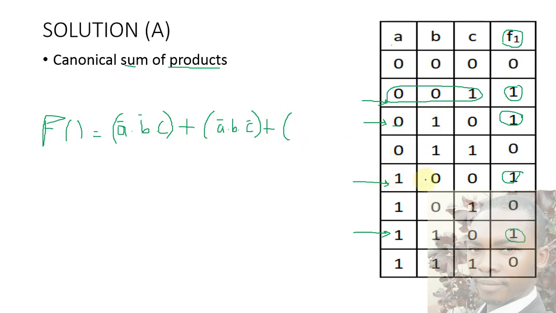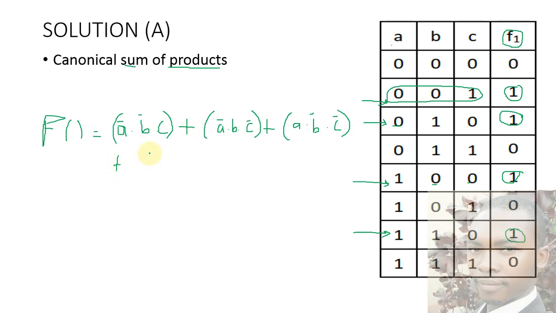We have another row here which is a 1, and that is A only, not complemented, times B, which is a 0, so it is complemented, and then times 0, which is C complemented.